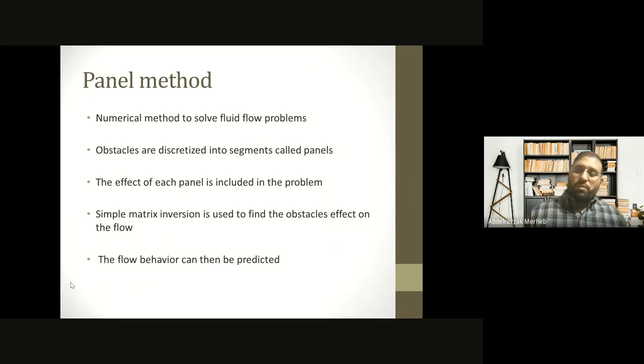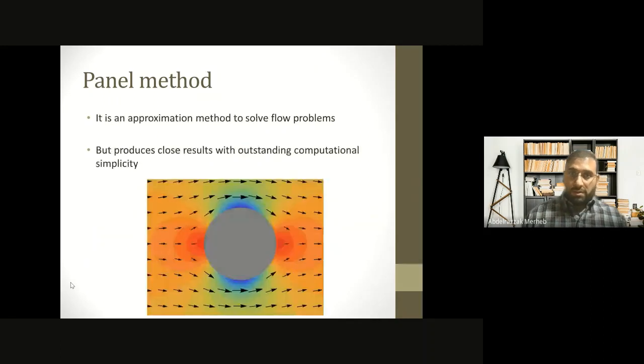Thus, the flow behavior can be predicted. The panel method is actually an approximation method to solve problems. It's an approximation, but it gives close, acceptable results, with outstanding computational simplicity.